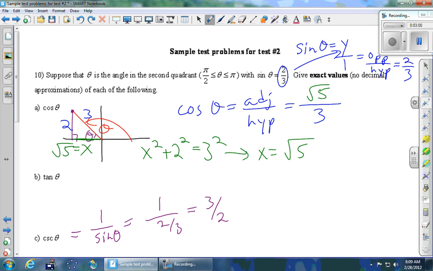And if we say that, we'll get almost full credit, but it's not quite right. There should be a couple of little warning bells going off in your head, maybe. We know that we've got some mnemonic device that tells us where the different trig functions are positive. And this angle we were talking about is in the second quadrant, and in the second quadrant, only the sine function is positive, and therefore also cosecant.